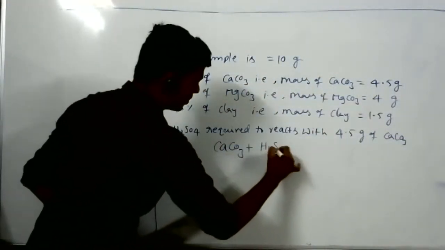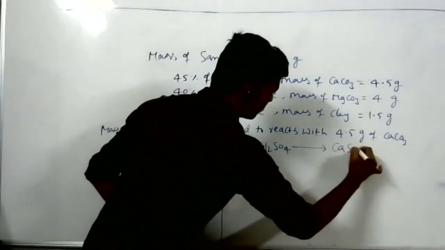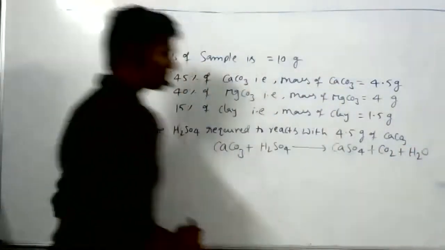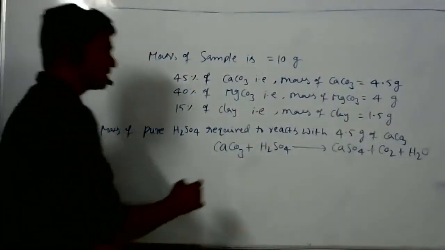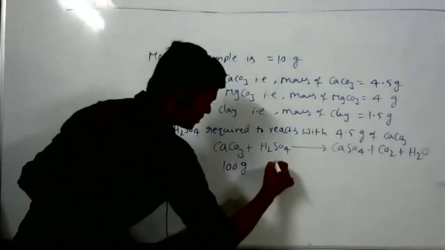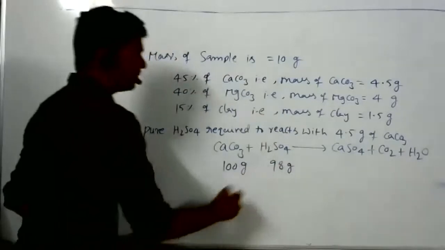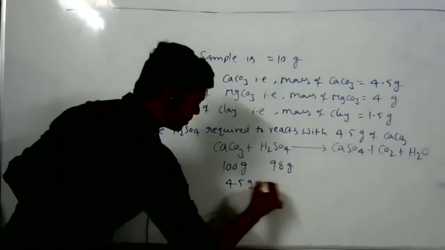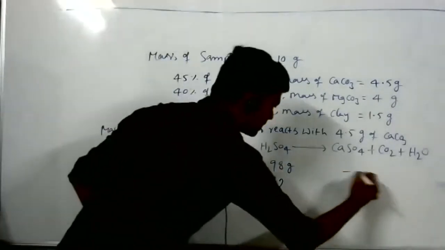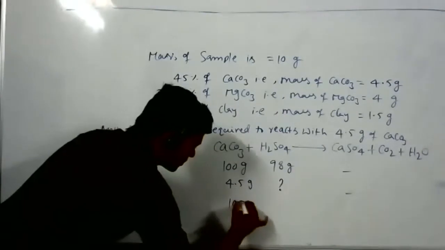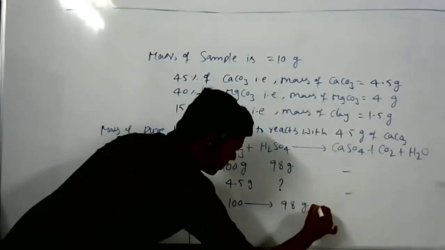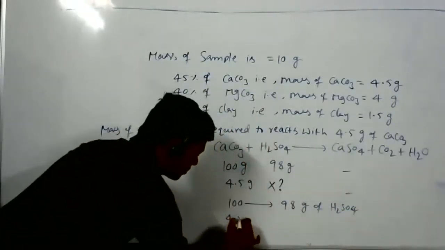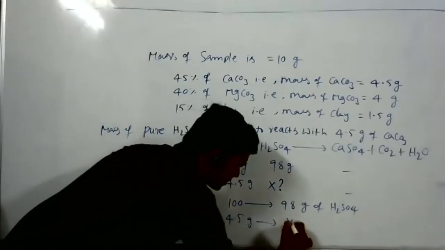CaCO3 plus H2SO4 gives CaSO4 plus H2O plus CO2. The mass of CaCO3 is 100 grams and H2SO4 is 98 grams. To react 100 grams, we require 98 grams. To react only 4.5 grams, how much H2SO4 is required? Taking this as X: 100 grams require 98 grams of H2SO4, and 4.5 grams require X grams.